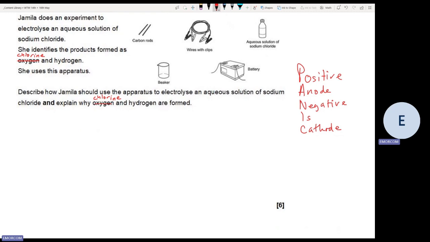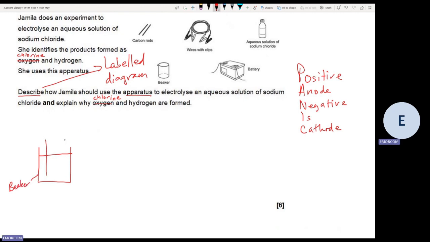So when we've got anything about using apparatus and describing how to use it, we should be thinking labeled diagram is the best way to go. So we can set up our apparatus with our beaker. So we can label this.